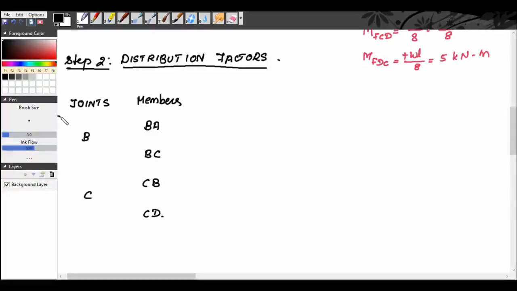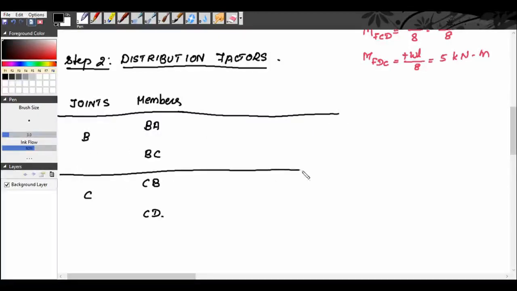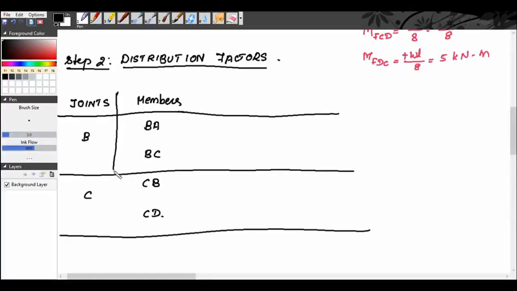Now we have to write the relative stiffness. See, we have already studied in our introduction class what is absolute stiffness and what is relative stiffness. Relative stiffness we have studied in our second class, that is our previous class.